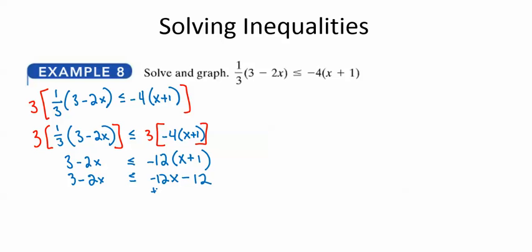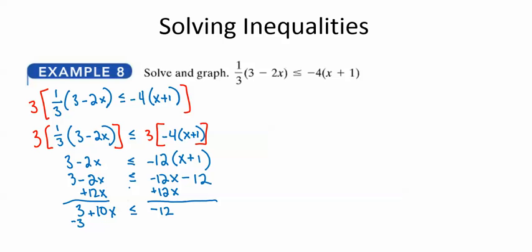This time I'm going to add 12x to both sides, and when I do, I end up with 3 is less than or equal, nope, hold on. Don't forget the -2x and the positive 12x gives us 10x, and on the right side, the -12x and positive 12x zero out, and we're left with -12.